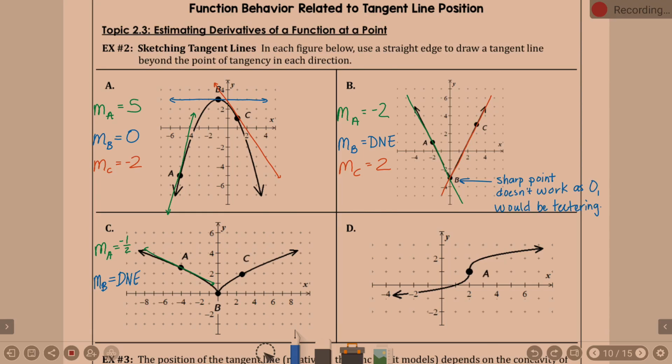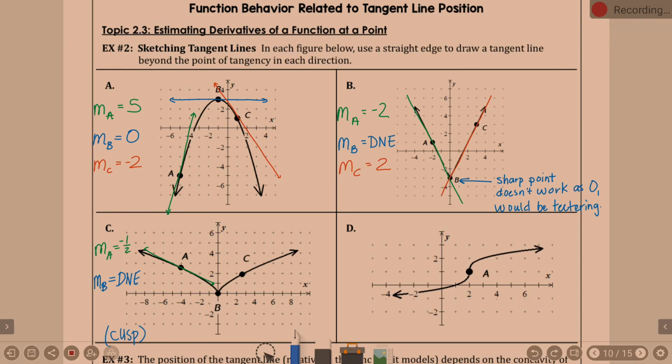Okay. So B is what I would call a cusp. Hard point, a cusp, they have a very similar definition, but maybe it's more of a cusp because it does curve into it. But here's what you have to go with. It's still not a curve. So it has to be a visible curve.